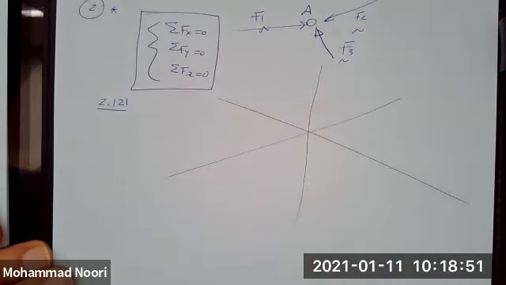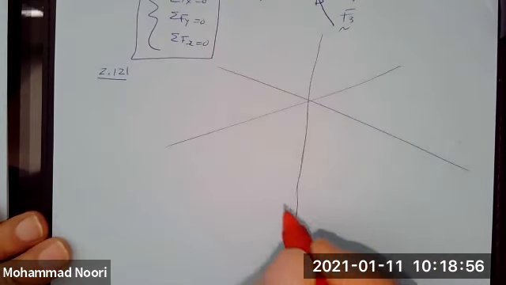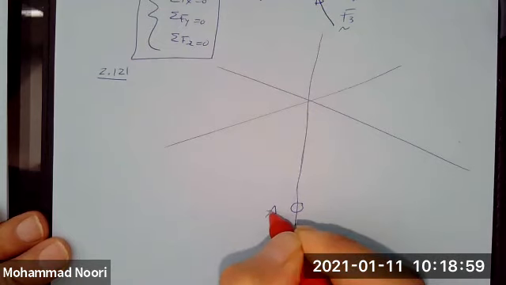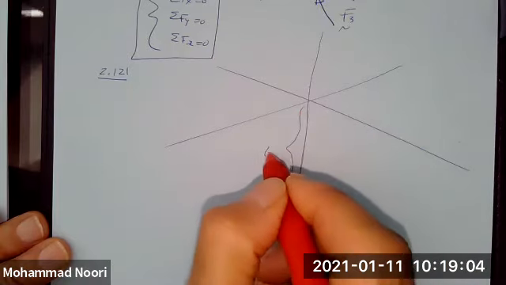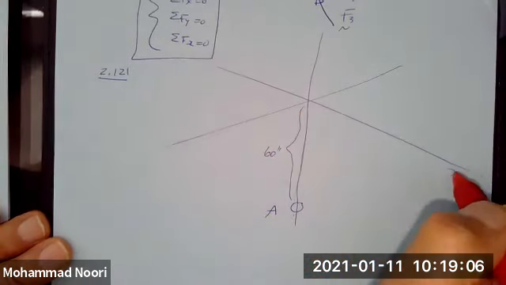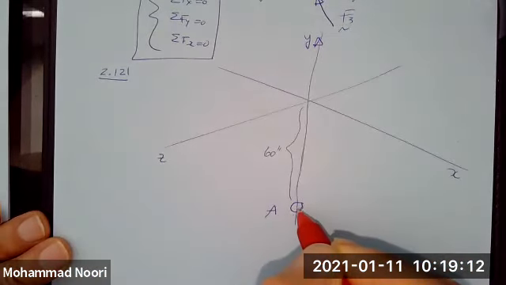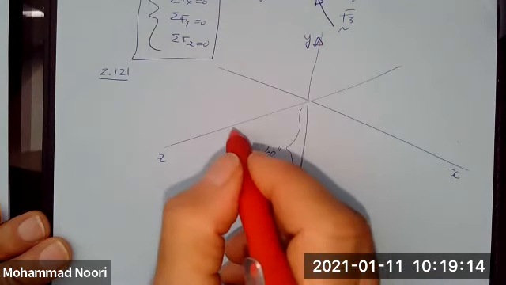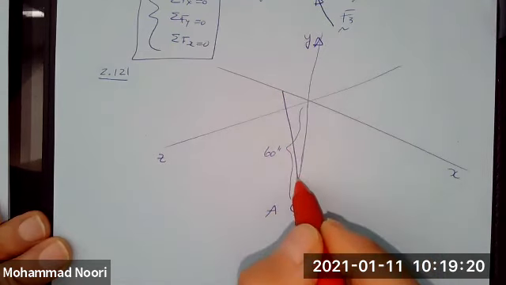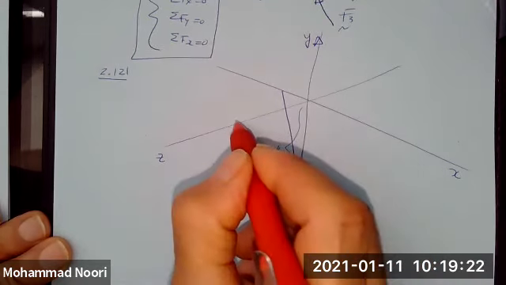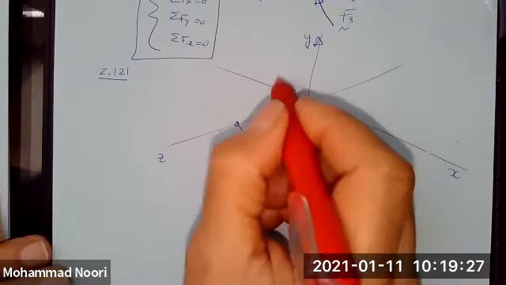You do have 4 cables that are attached to a ring at point A. Point A is located at 60 inches below the XZ plane. In this ring, we pass a cable through this ring. This cable comes here, goes here, and is attached to these 2 points on the floor.